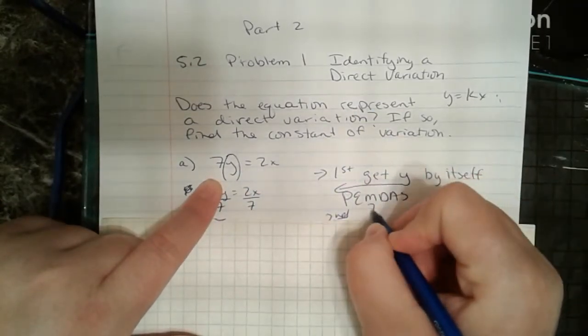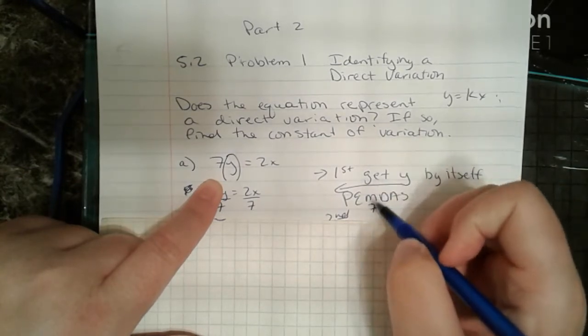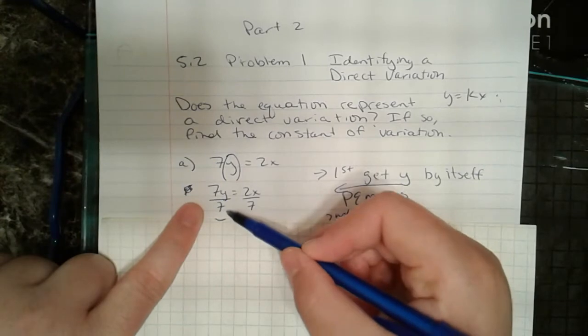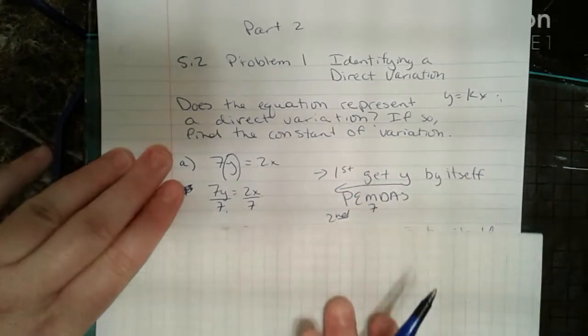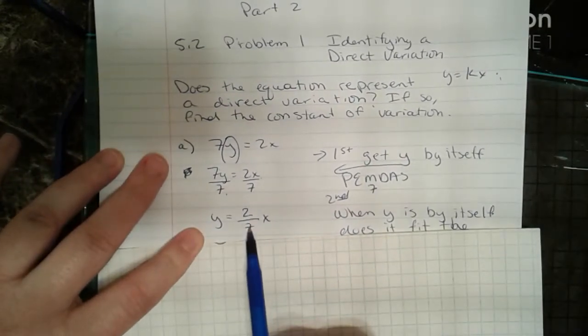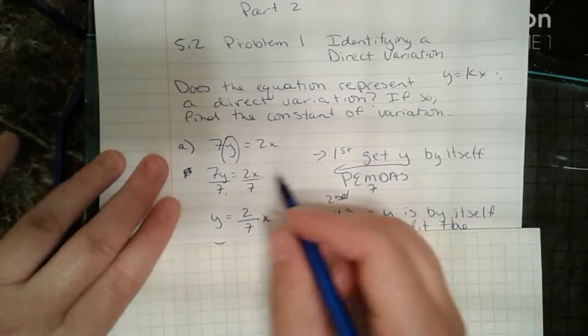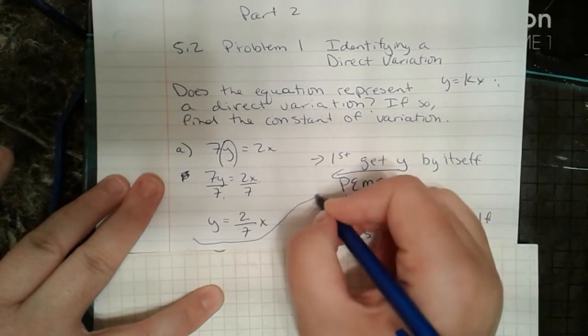Good, you said it's being multiplied, you're correct. So how do I get rid of multiplication? By dividing. So I can divide each side by 7, and I come up with y equals 2 over 7x. So that's our first step.